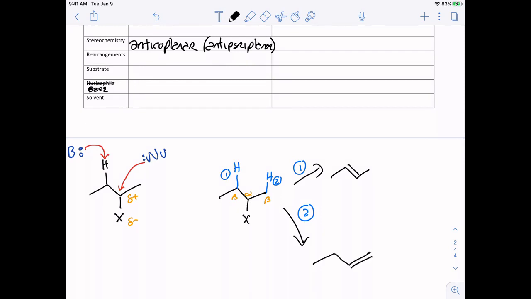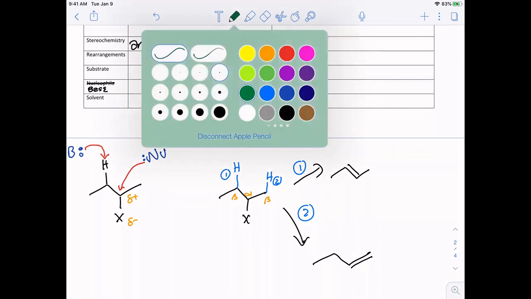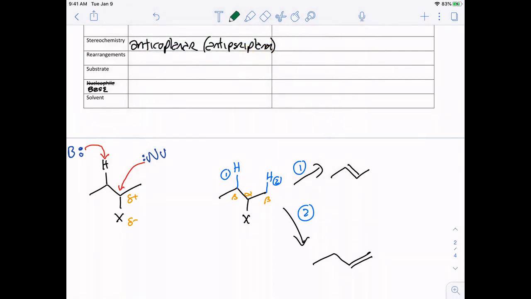And we actually do get both of them because they're both possibilities. It's just that we're going to get more of one than the other. The one that we're going to get more of is our more substituted alkene. That's what Zaitsev's rule is telling me. So this is my major product, meaning that most of it is in that form. This is my minor product. And I did say this on a previous video, unless I specifically say draw all possible products, the only one that I'm looking for is the major product.